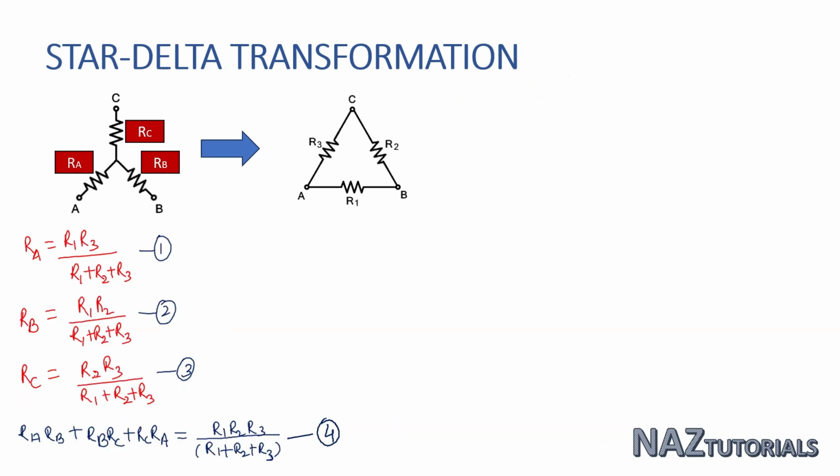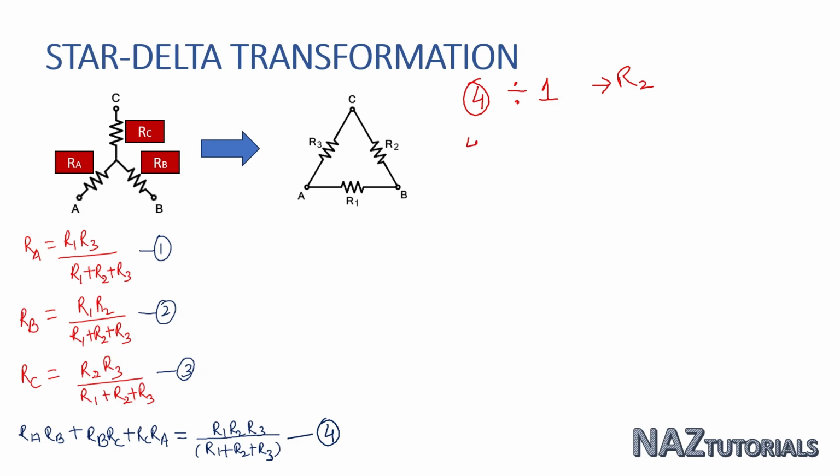Here we get equations 1, 2, 3 and 4. So for the derivation of R1, R2 and R3, we will divide equation 4 by equation 1, and you will get the value of R2.